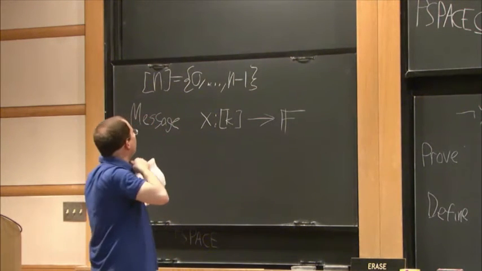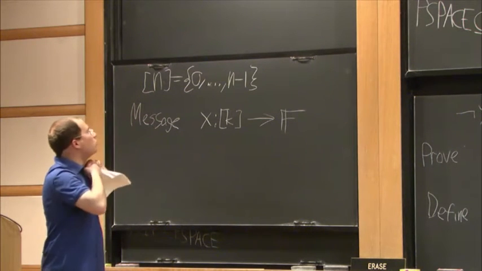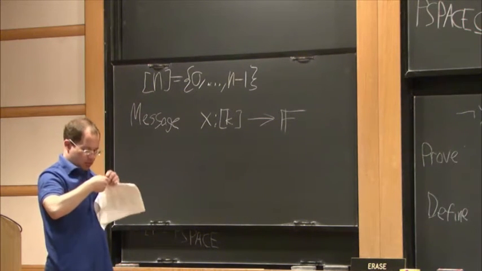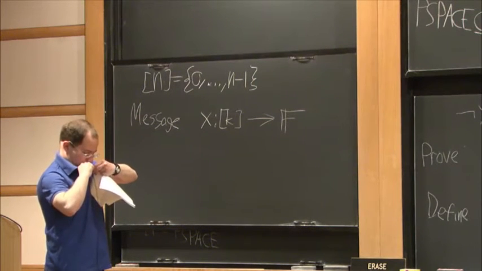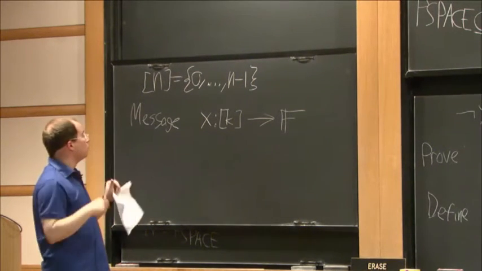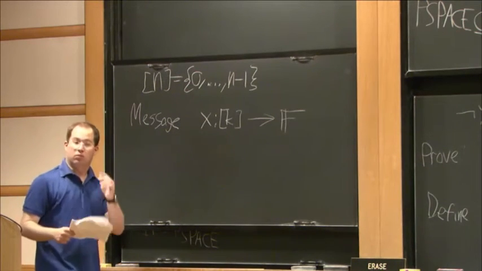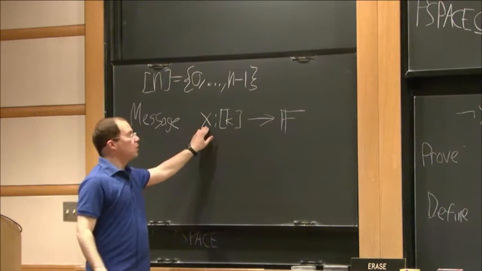The message is in f to the k. This just says that the message is in f to the k.